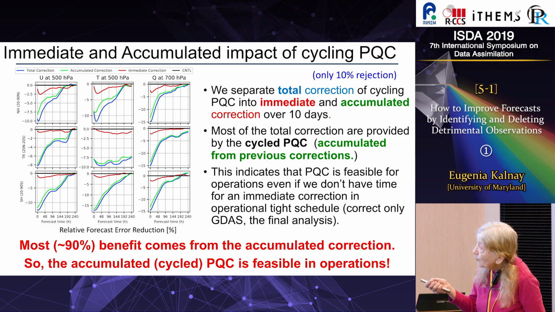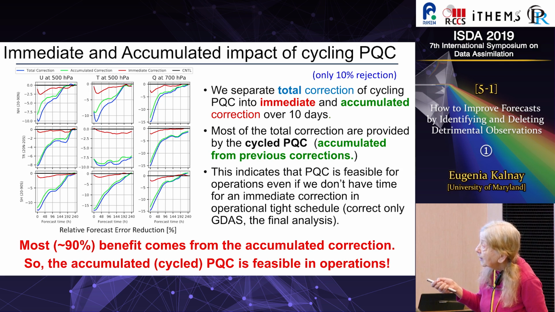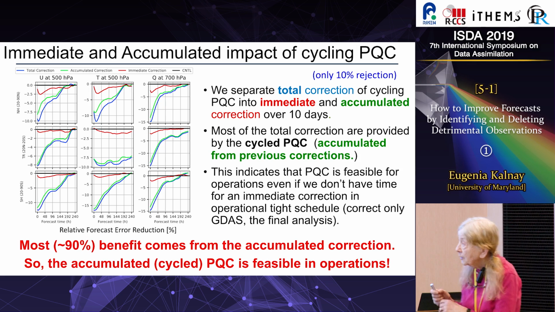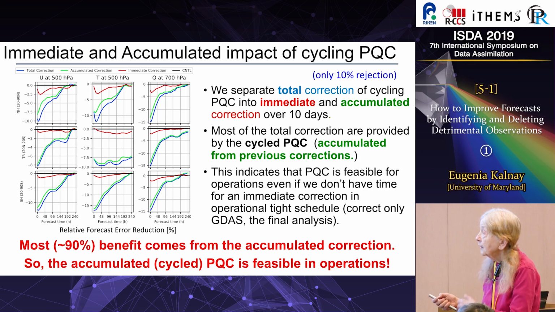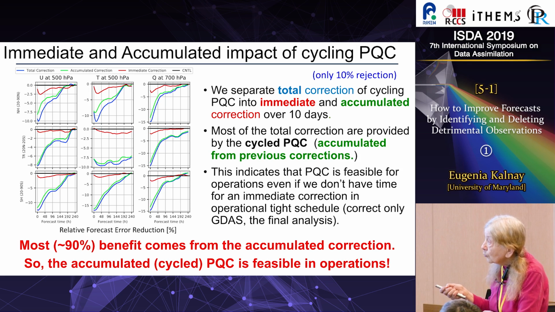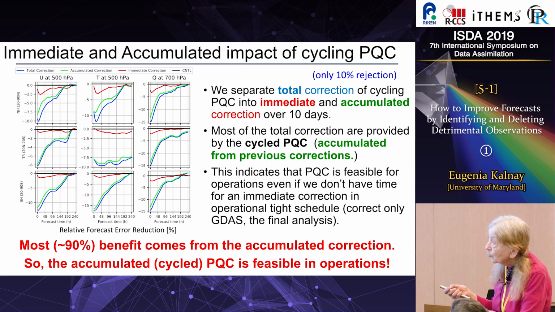First of all, this compares the difference between the RMS error, for example, for U at 500 millibars, the difference between the experiment and the control, which is the standard data assimilation. So 0 represents the control, the difference with respect to the control.